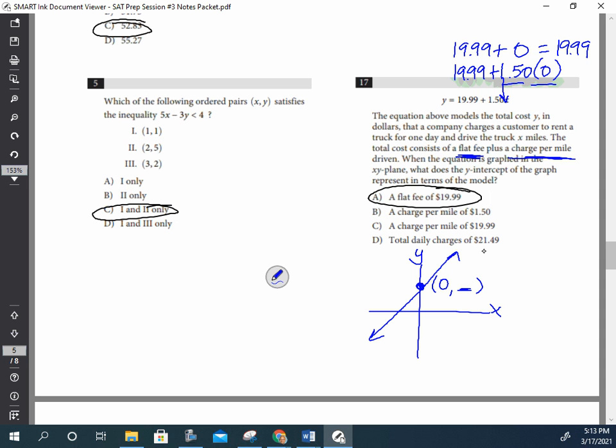Remember, your flat fee came first, so your flat fee is $19.99, meaning if you never drive this truck at all, you're still going to have to pay $19.99. So that problem is simply trying to see, do you know what a y-intercept means?